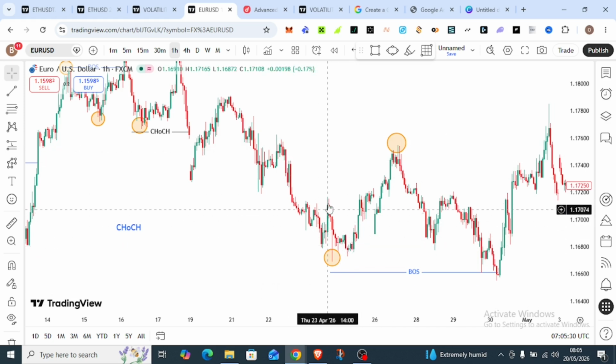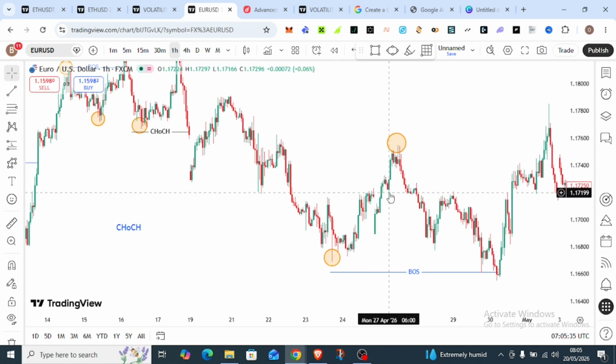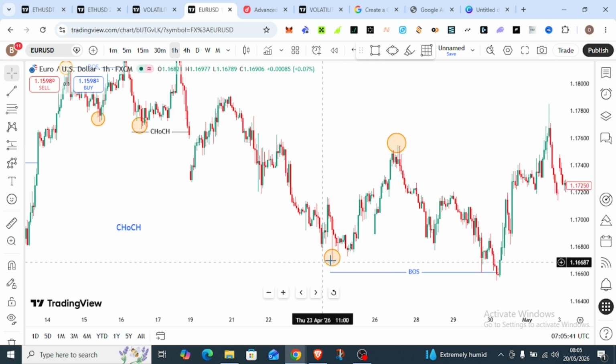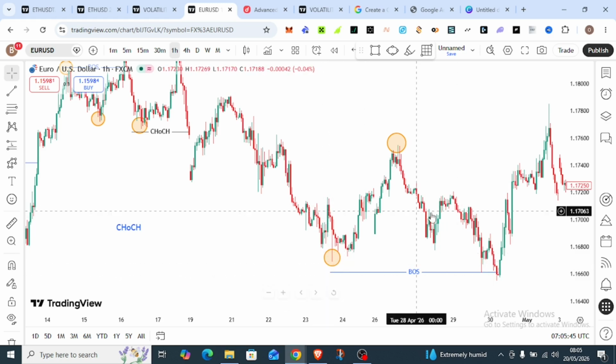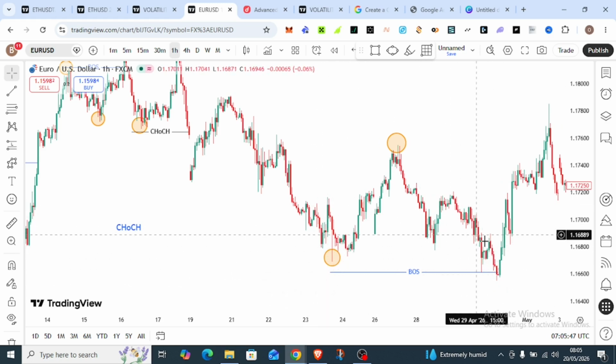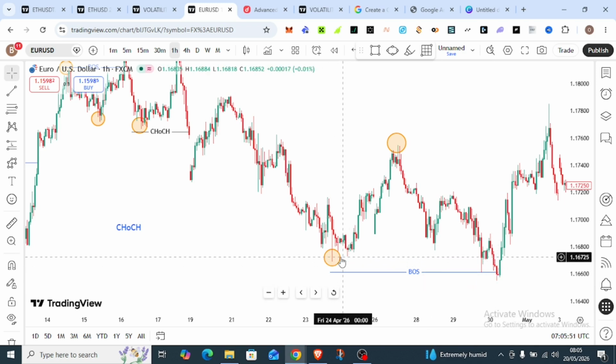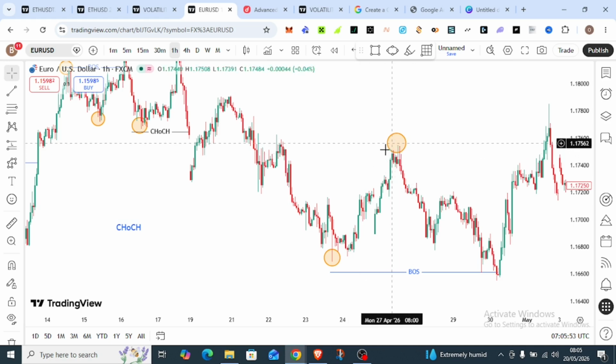Price took out the inducement, and this becomes our lower high, and here is the lower low. This is the lower low that took out the inducement, and this candle closed below this lower low, and our lower high is confirmed here.